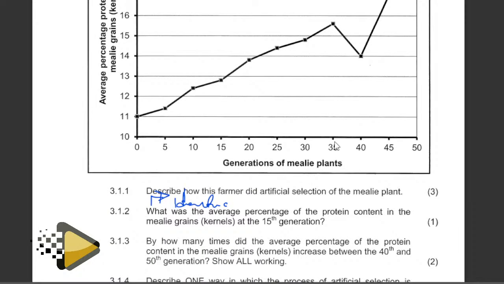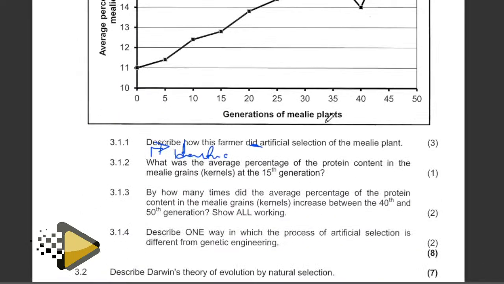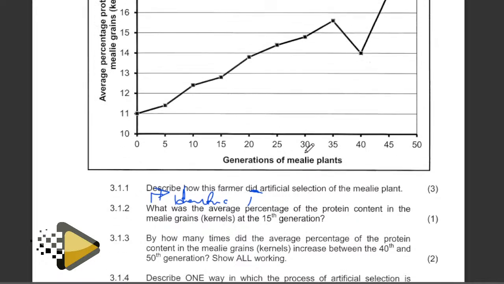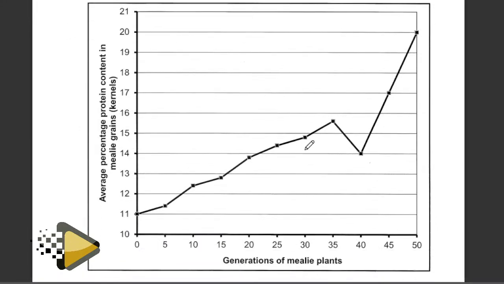So they identified the character of producing protein in the meal, and then he identified those plants with that character. Then he crossed those plants which have that character.